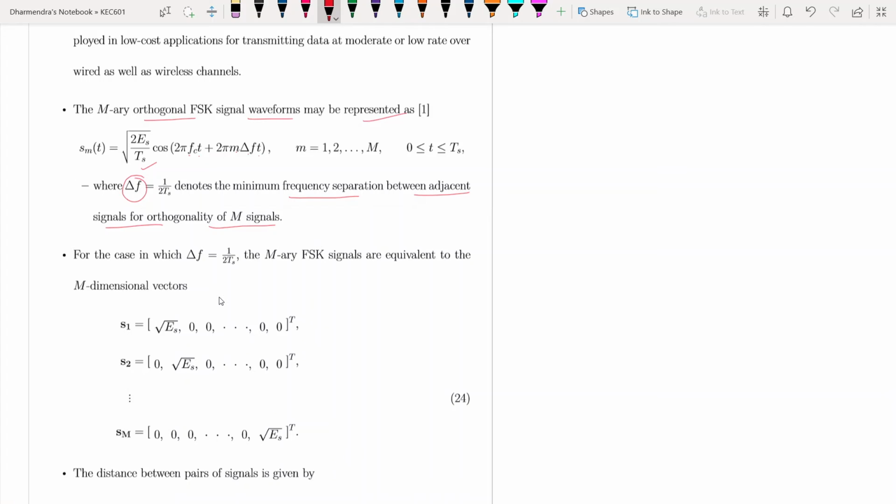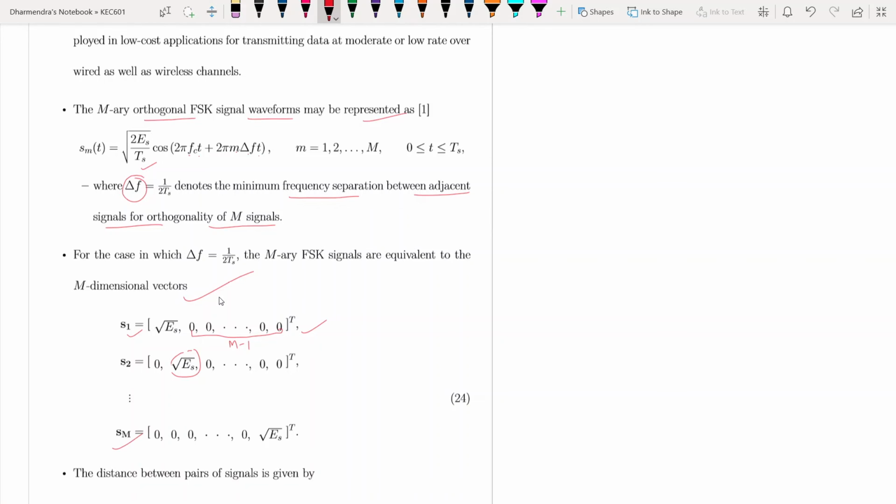Okay, and the equivalent vector representation will be an M-dimensional vector. So S1 vector will have first element square root Es, and the remaining M minus 1 are 0. S2 means the second point of the vector will be square root Es, and the remaining M minus 1 will be 0, and so on.